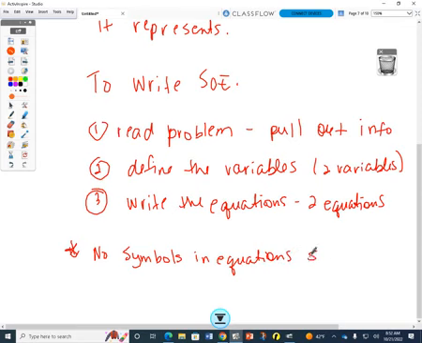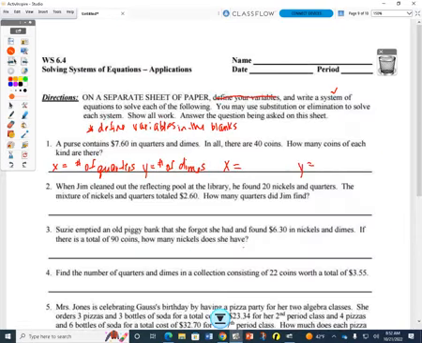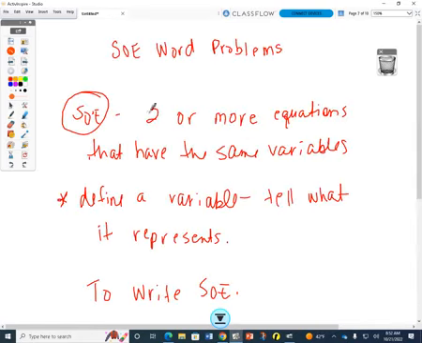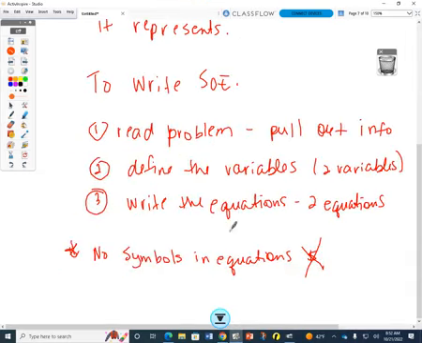So the dollar sign is a no-go in the equation. No symbols in our equation for right now. Caught up with me?